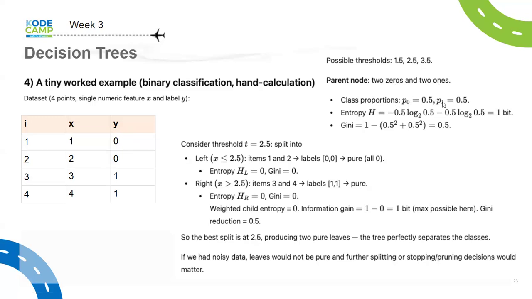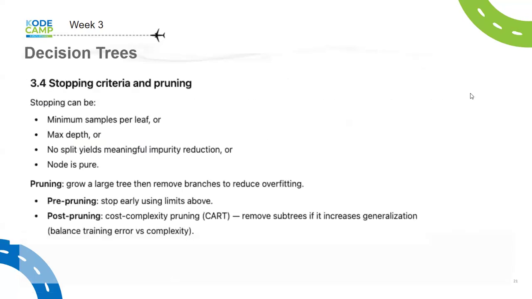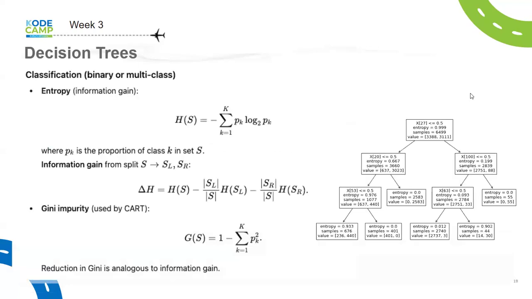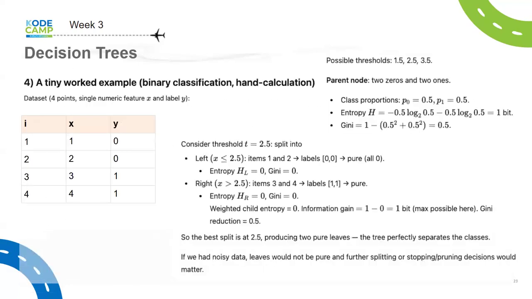And the proportion that are one is also half. So that's what the pK means in what I was trying to explain here. So half of the outcomes are zeros and half of the outcomes are one. So P0 is 0.5, and P1, the proportion with outcome one, is 0.5.